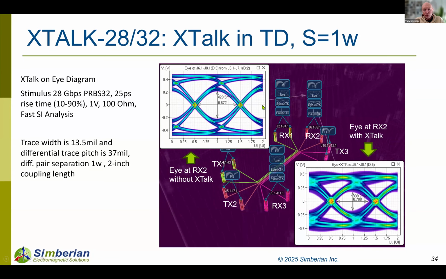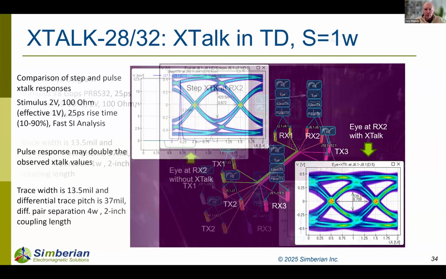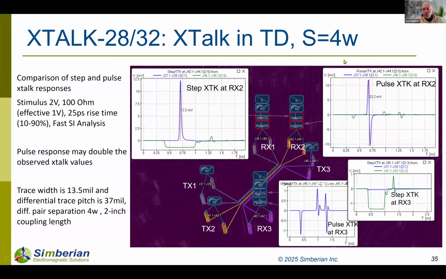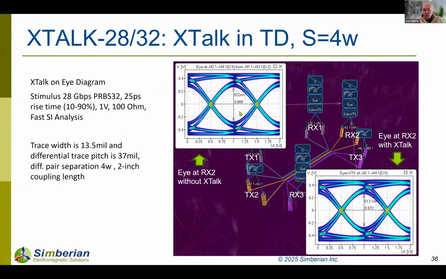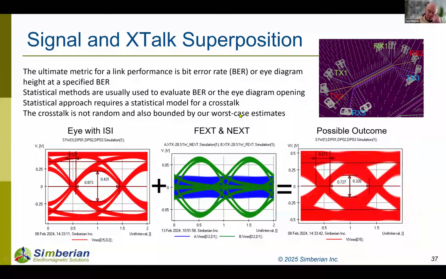You can compute an eye diagram directly, or an eye diagram that includes crosstalk. I'll demonstrate it in a moment. So you increase spacing by 4W in this case, crosstalk drops in time domain, and the effect of crosstalk on the eye diagram also drops.